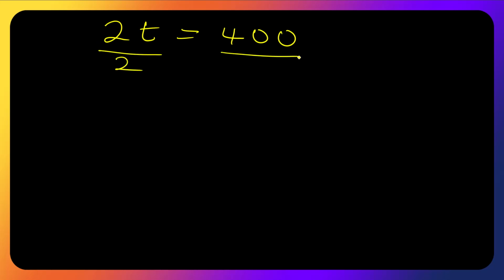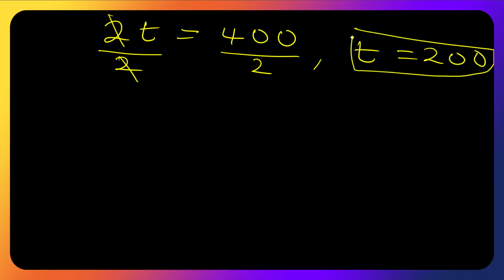So from here, t plus t will be 2t equals 400. So we can divide both sides by 2. So we have t equals 200. Okay.